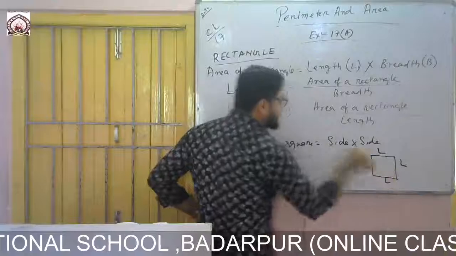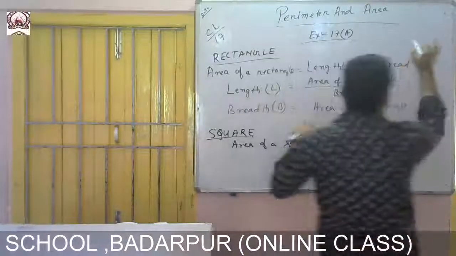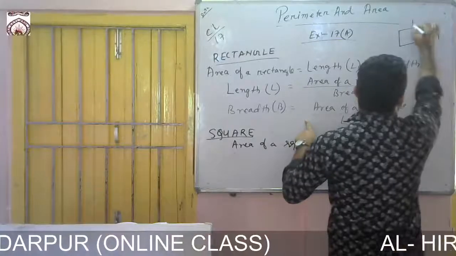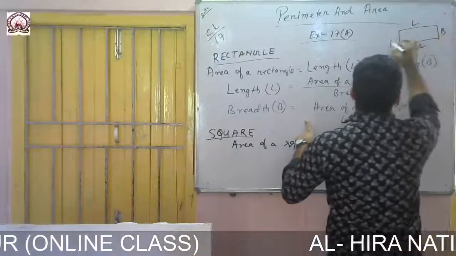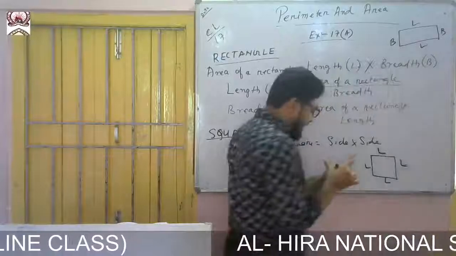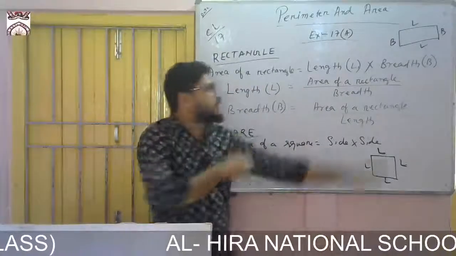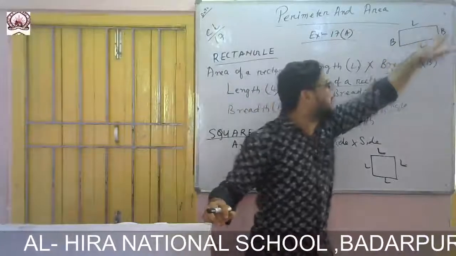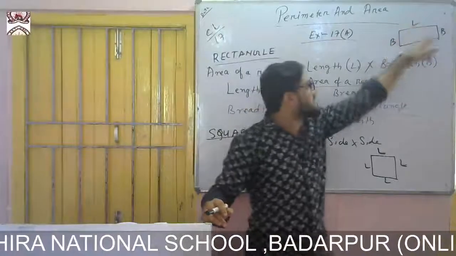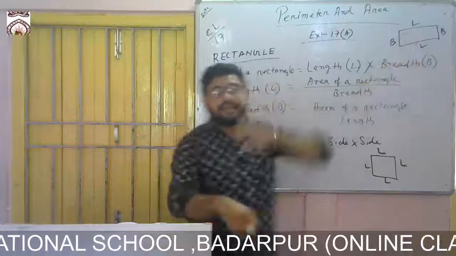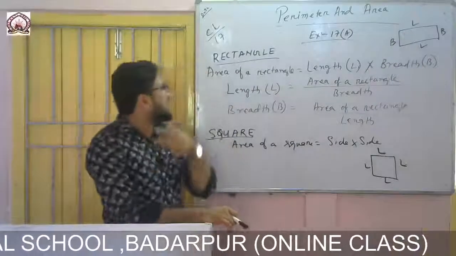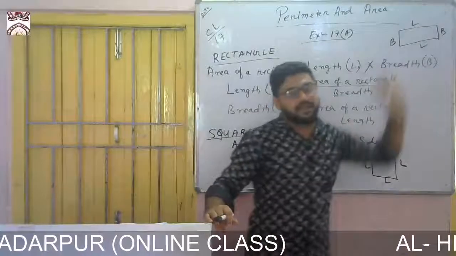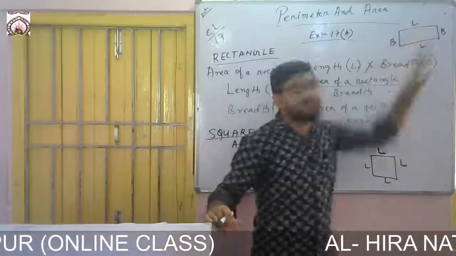First let's take a rectangle, with length and breadth. Whenever we find the perimeter, we take the measure of all the four sides. But in case of area, we just multiply the given length and breadth.